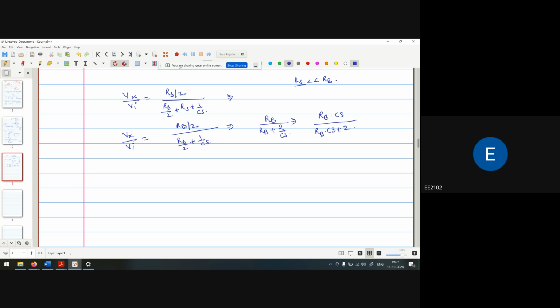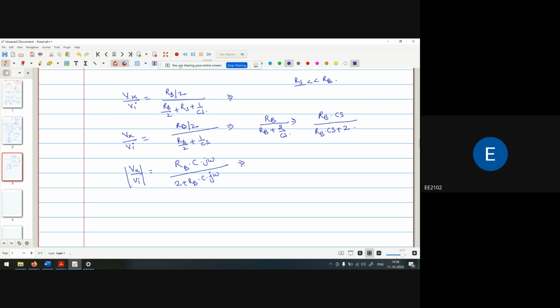If I take the magnitude of this component, Vx upon Vi, that is equal to the numerator part Rb into C into S, which is j omega, upon 2 plus Rb into C into j omega.